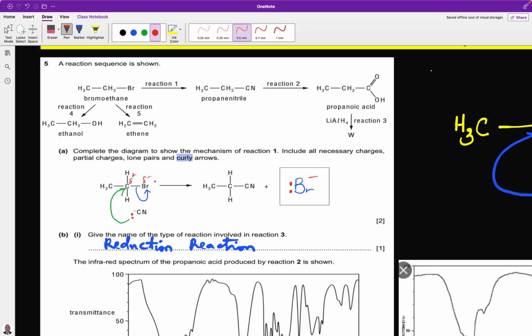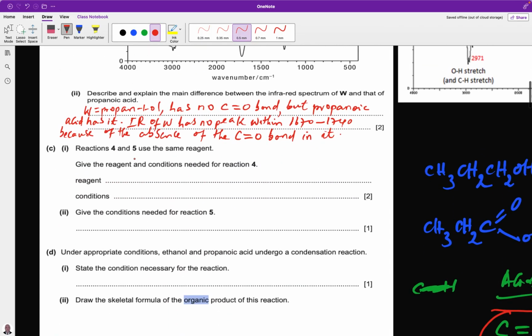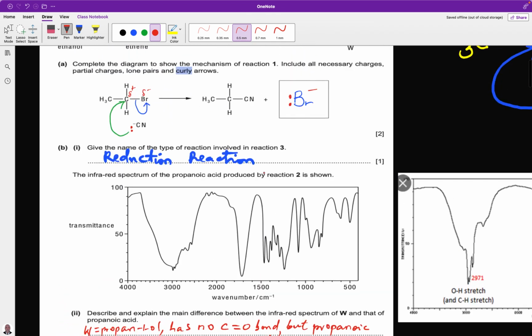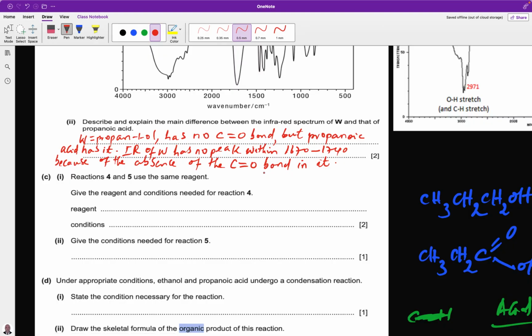So you now see that sodium hydroxide is used here everywhere. Back to the question: give the reagent and condition needed for reaction 4. In the formation of ethanol, as I've just said, the reagent will definitely be sodium hydroxide.